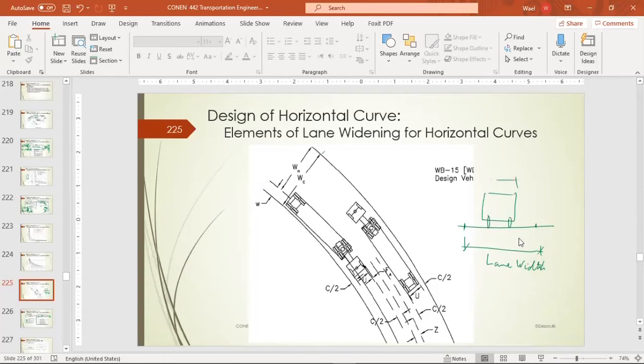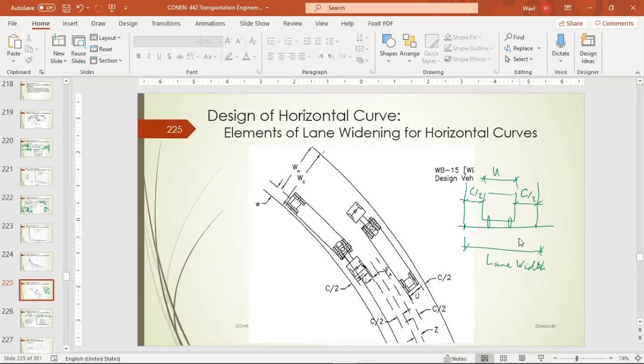So it has U, this track width. So there is clearance on both sides. We are going to assume that it's driving in the middle of the lane. So this will be C over 2, and here C over 2.